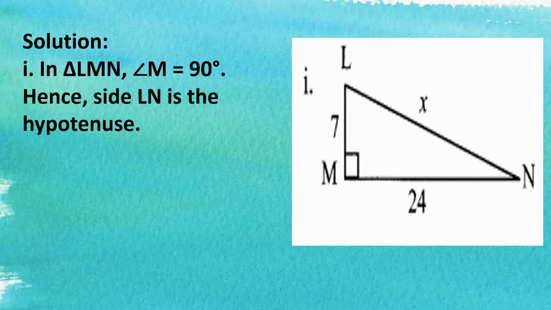First one is, in triangle LMN, angle M is equal to 90 degree. So here you can see angle M is 90 degree. Hence side LN is the hypotenuse. So LN is hypotenuse.